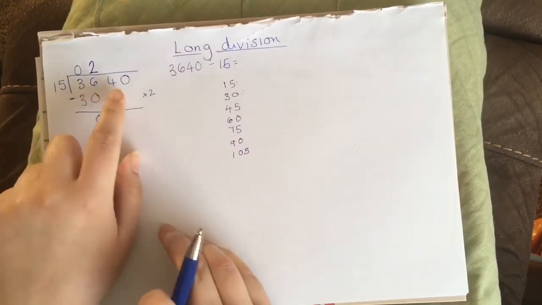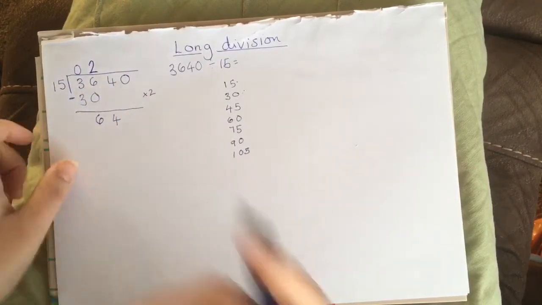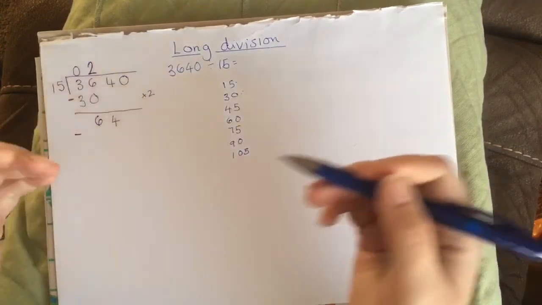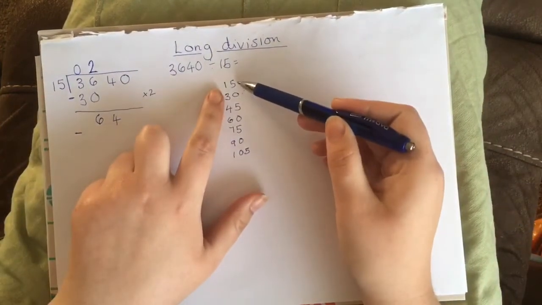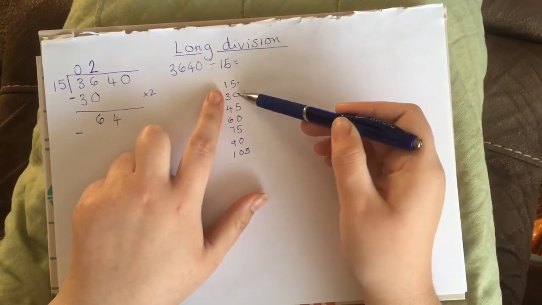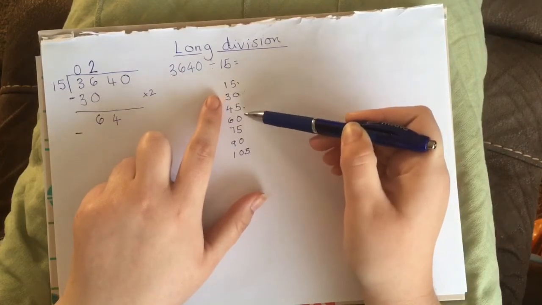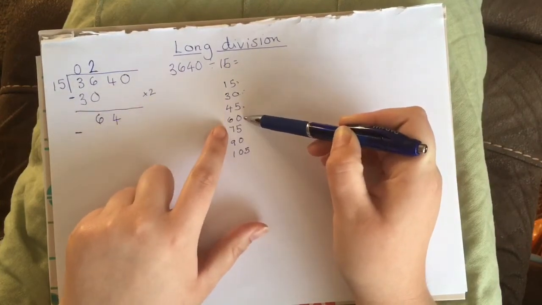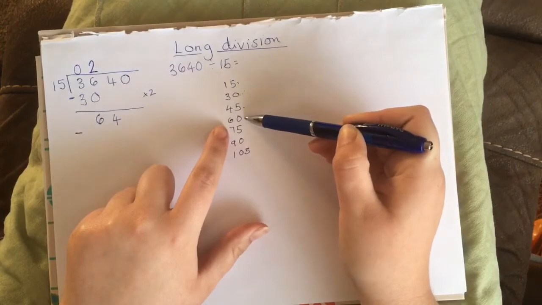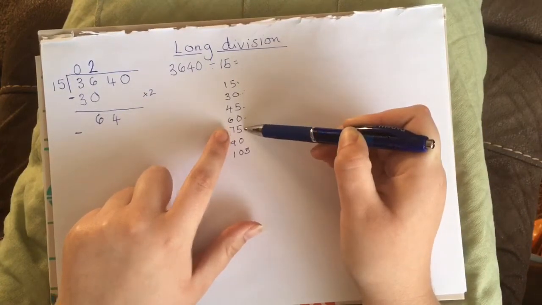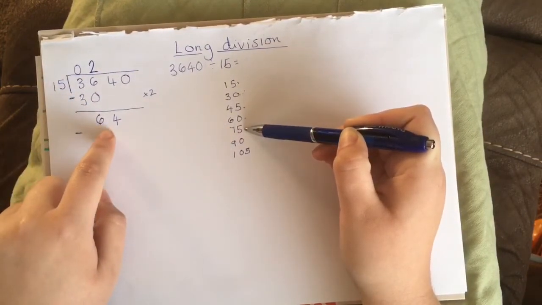Okay? So 64 take away something. So I'm going to have a look down my 15 times table. So I've got 15, 30, 45, 60. Well, I can stop at 60 because I can't go up to 75. 64 isn't big enough.